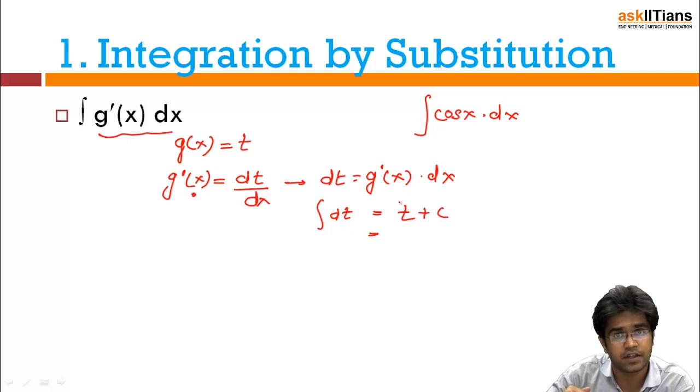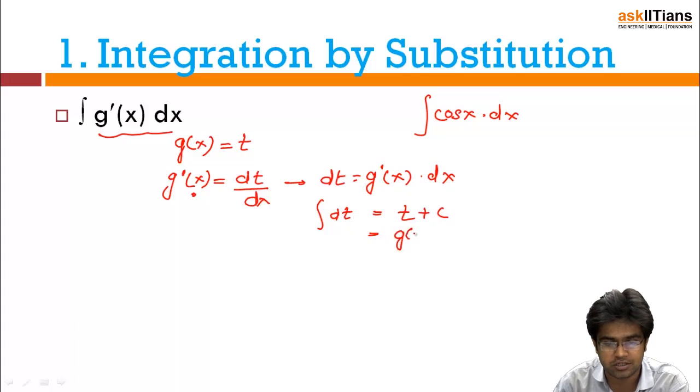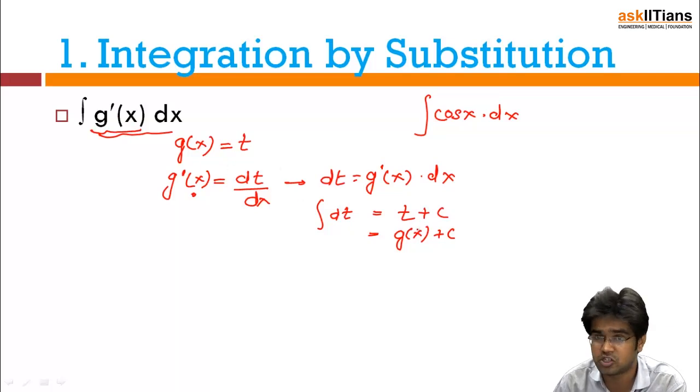So if I have assumed a variable t, then I am going to eliminate it by back substitution. So what was t? t was actually g(x). So g(x) plus c. And that is in accordance with the differentiation rule as well. If g(x) differentiation is g dash, then g dash x integration will be g(x). So that's how it works.